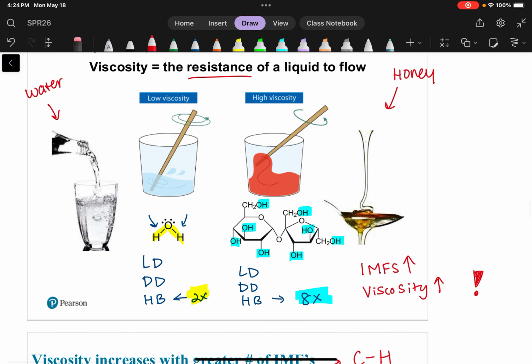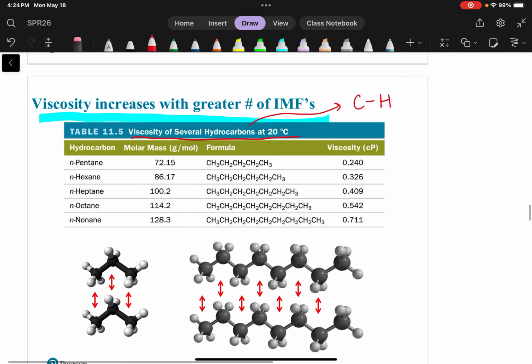Remember, hydrogen has to be bonded to those very specific atoms, as we say, F, O, or N. And it's not, so there's no hydrogen bonding there. These are also not polar molecules, because the bond between carbon and hydrogen is nonpolar. So really all of these only exhibit London dispersion forces.